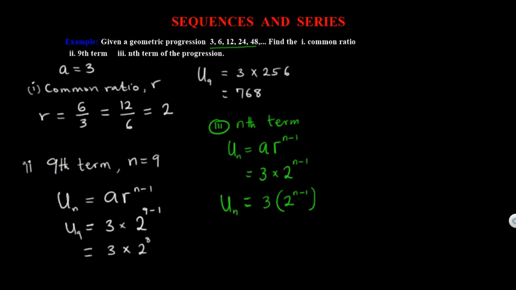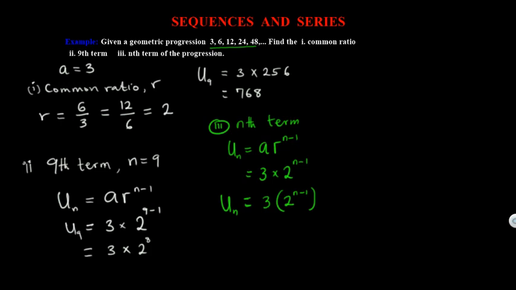Interesting. So we've learned about sequence and series in this video. Sequence involves a list of numbers in an organized pattern, either by adding a number, or by subtracting a number, or by dividing, or by multiplying by a number.